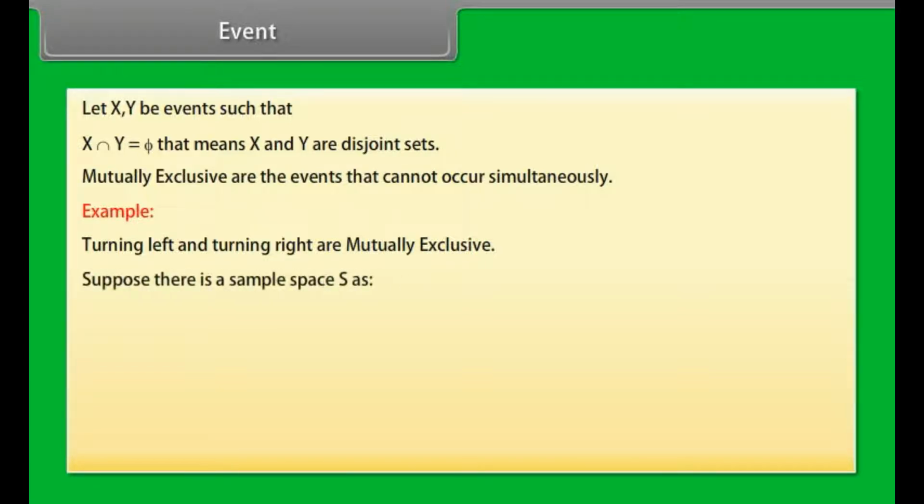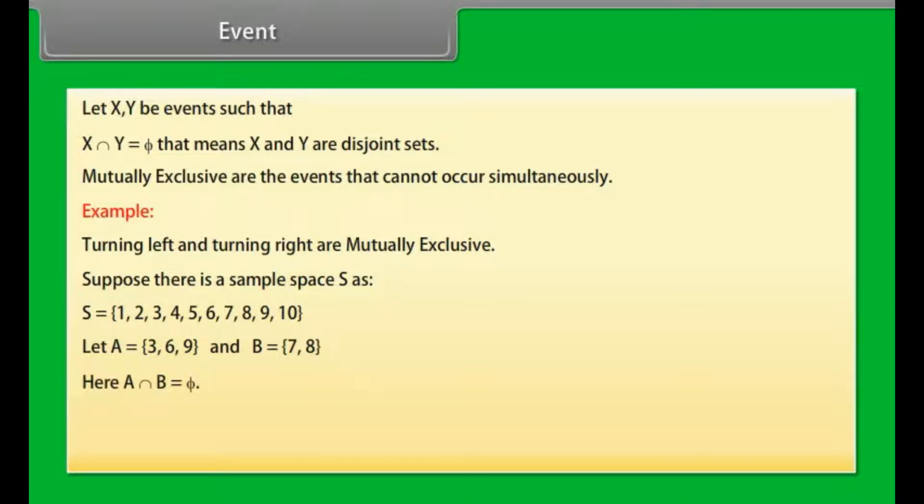Suppose there is a sample space S, S is equal to {1, 2, 3, 4, 5, 6, 7, 8, 9, 10}. Let A is equal to {3, 6, 9} and B is equal to {7, 8}.